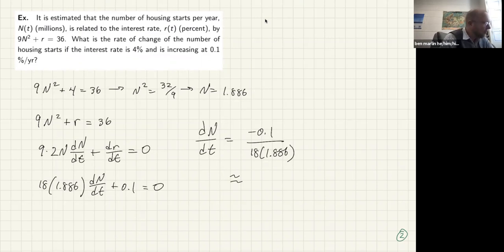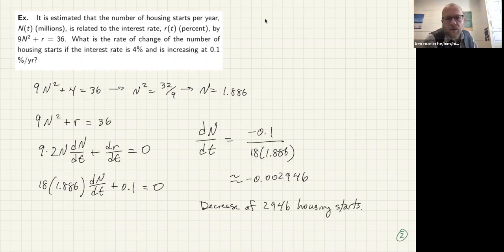So that answer is negative 0.002946. And there's more digits to it, but remembering that this is all an approximation anyway, that says that we are expecting a decrease of, and this is your decimal of a million. So if you go ahead and multiply that by a million, you have 2,946 housing starts.